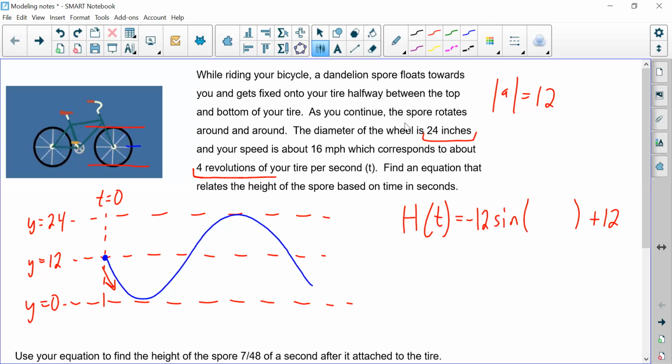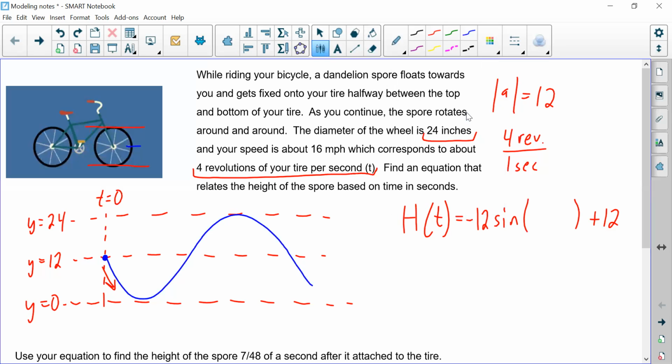This, 4 revolutions per second, that. 4 revolutions, so I spin around 4 times per second. And the period is how long do I need to do one whole cycle? In other words, how many seconds need to pass by before I do one complete revolution?